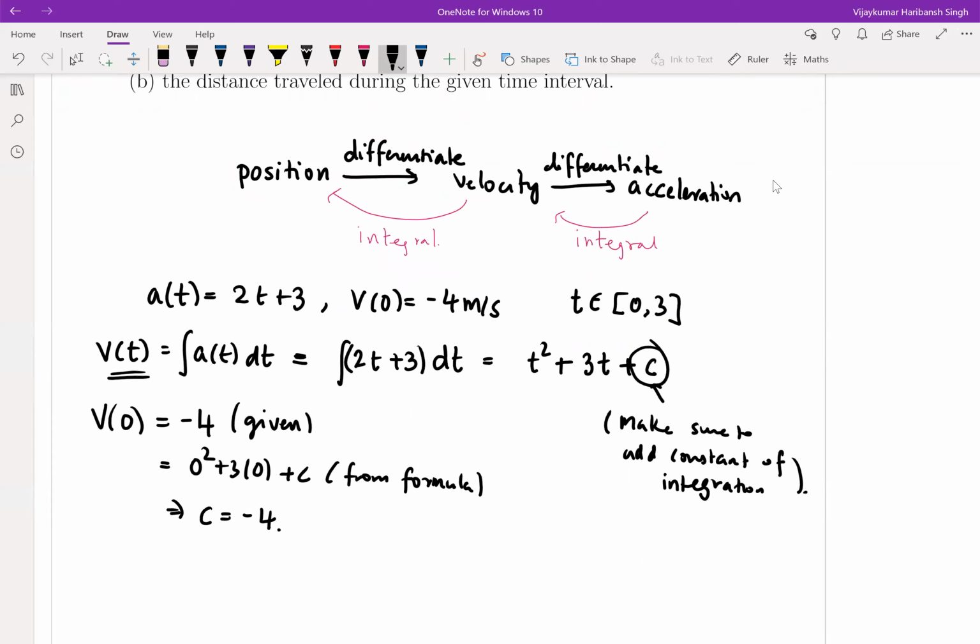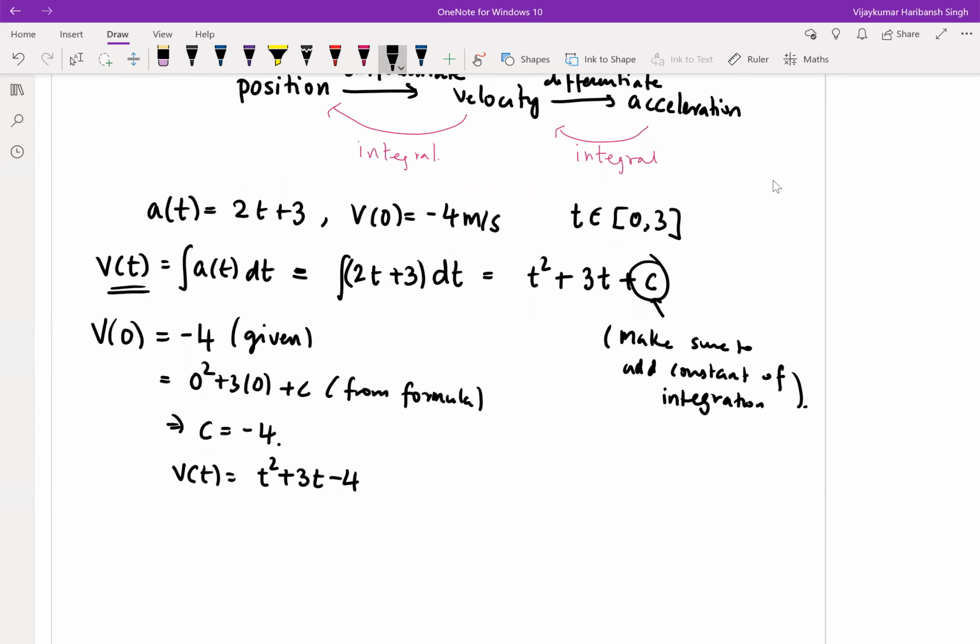And in that case, v of t is going to be t square plus 3t minus 4, right? So you can check that if you take the derivative of this velocity, you will get acceleration back. So this is the first part.